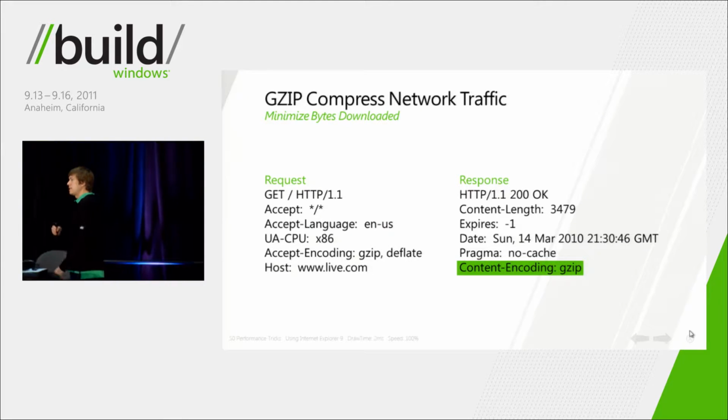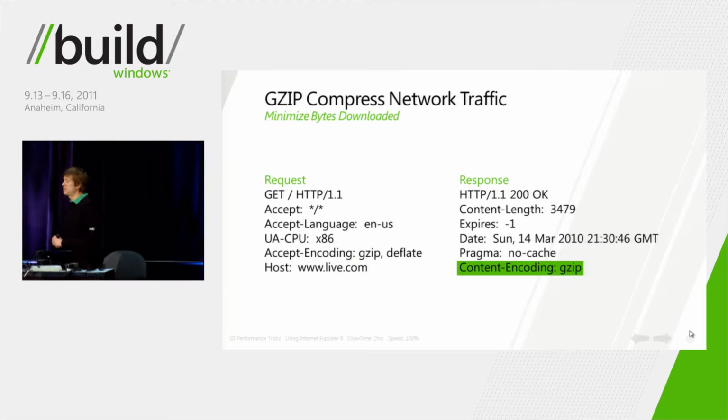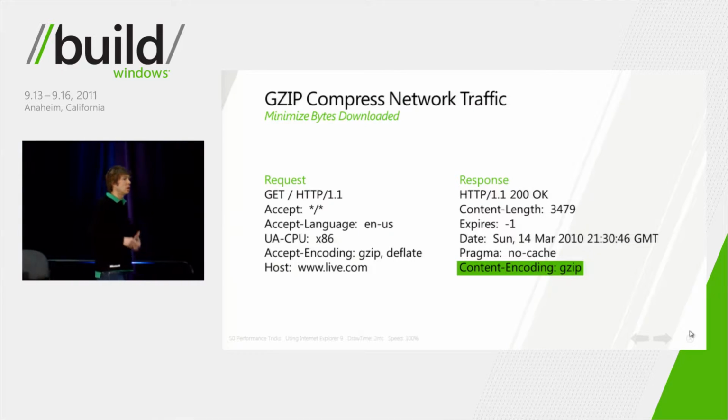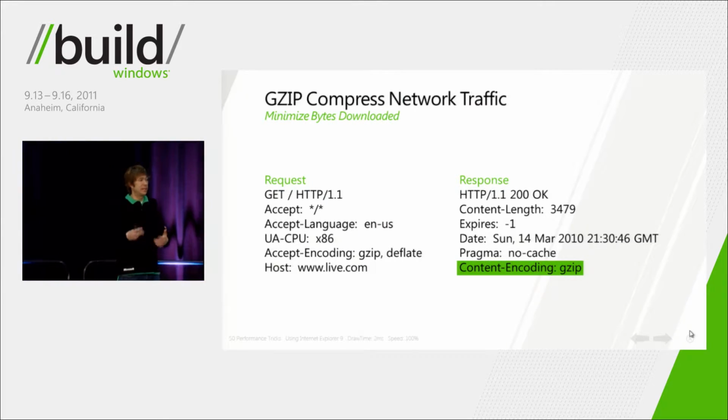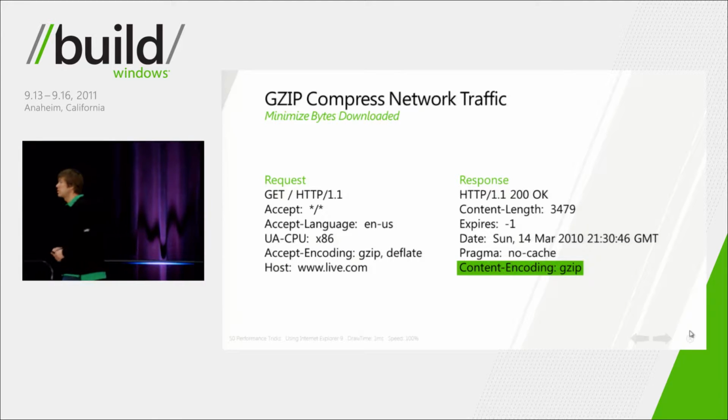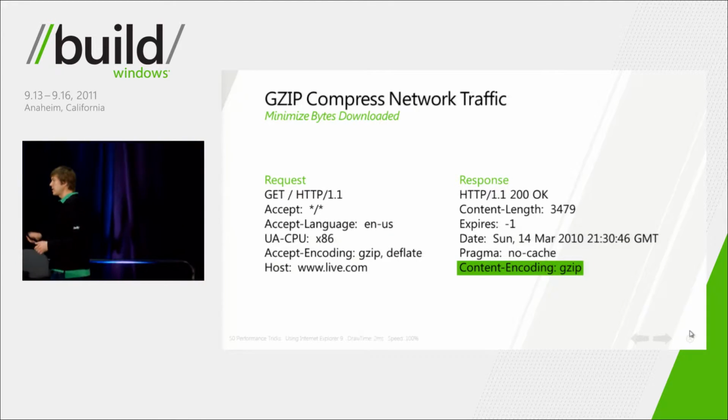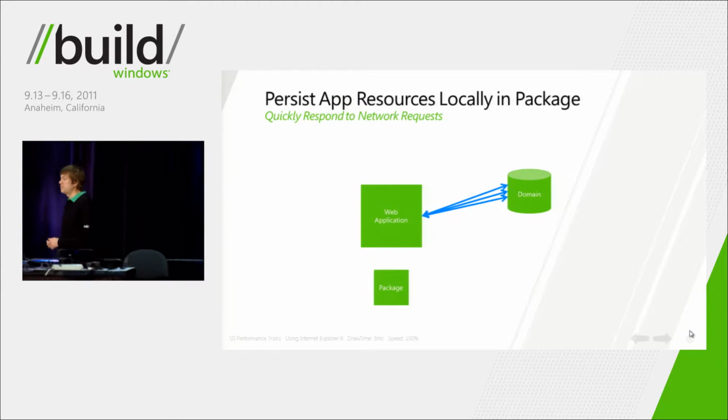When it gets to the client, the client will then decode that and expand it to the full-size version of the content. Again, a lot of servers give you this for free, but a lot of people unintentionally, accidentally, turn off some of these techniques. So really make sure, using tools like the Windows Performance Toolkit, that all of your content is gzipped.